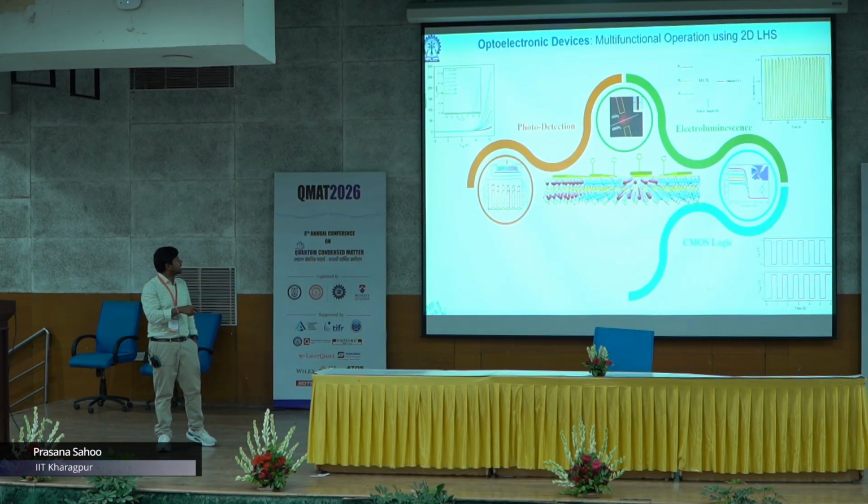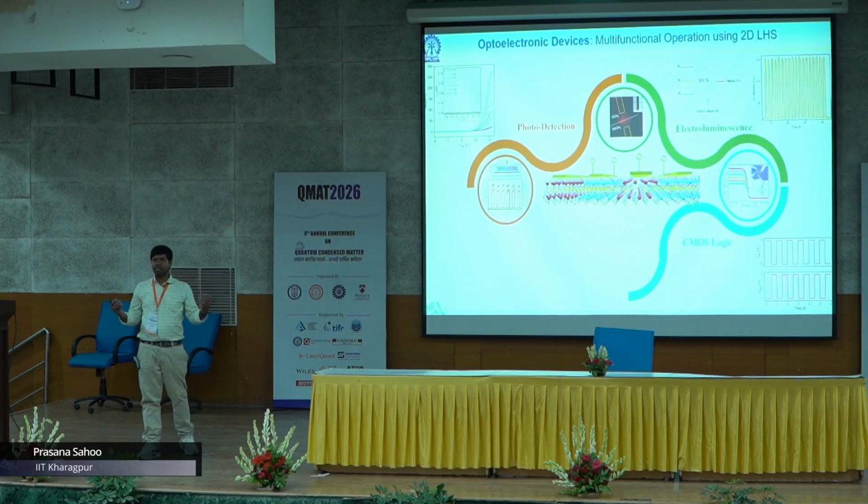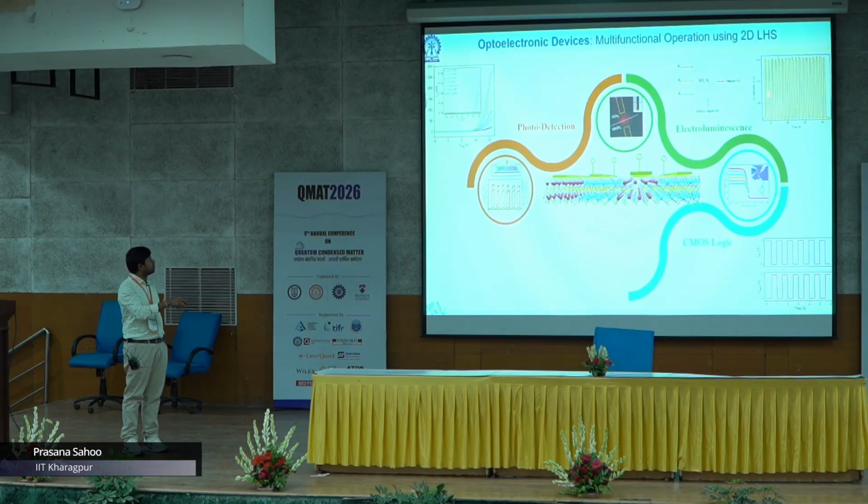And also electroluminescence, these are complementary. Either you shine a light and extract the current, since there is a built-in potential, it can efficiently collect carriers, or if you have a PN junction, you can selectively inject electrons and holes, and in the depletion region they recombine and emit light, and we can create electroluminescence.